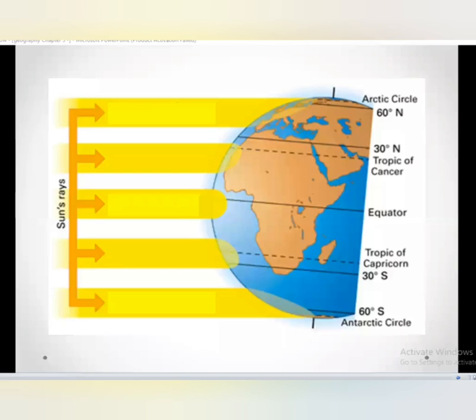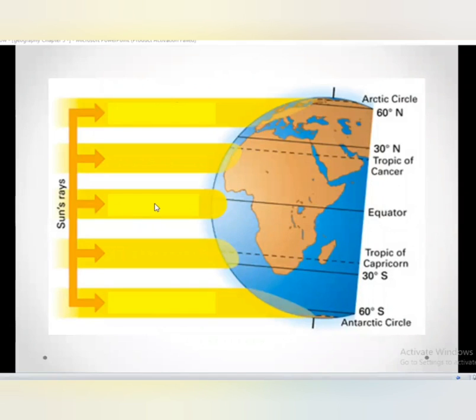Sun rays coming towards the earth travel in straight lines.